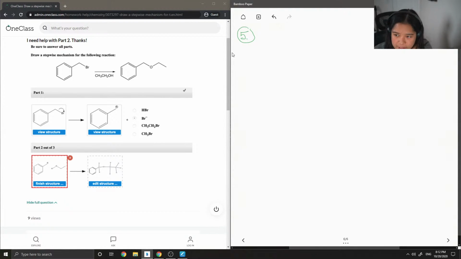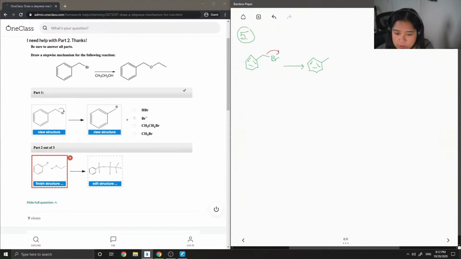It'll probably just be easier to explain from there. Okay, so first, this bromine group just leaves. So I think that part was probably given.